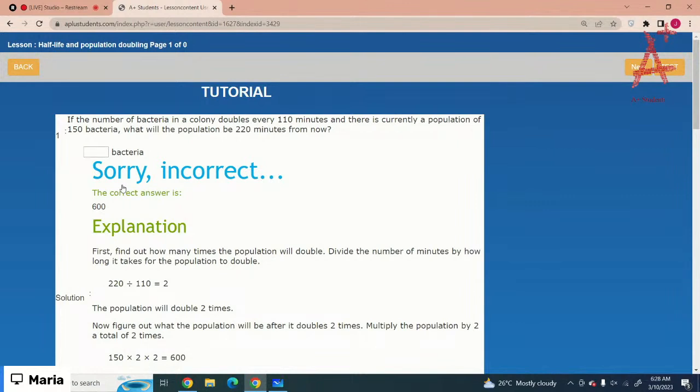So 220 divided by 110 is 2. That means the population will double 2 times. So you need to do 150 times 2 times 2. So after 220 minutes, they are 600 bacteria.